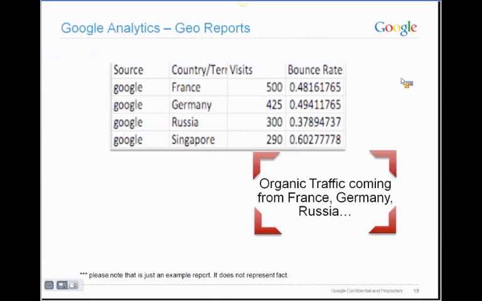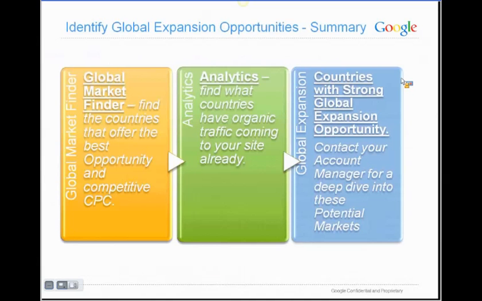So after exporting a CSV for Excel, you should be left with a report similar to this one. If you remember from our previous slides, Russia showed the greatest export potential in the Global Market Finder tool, with France following closely behind. However, when we combine this with the business-specific analytics report, it would seem that for this business, France offers the best export potential, with a strong opportunity, low CPCs, and existing demand through organic traffic for the specific business.